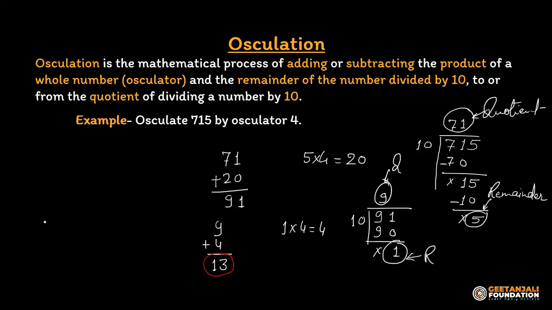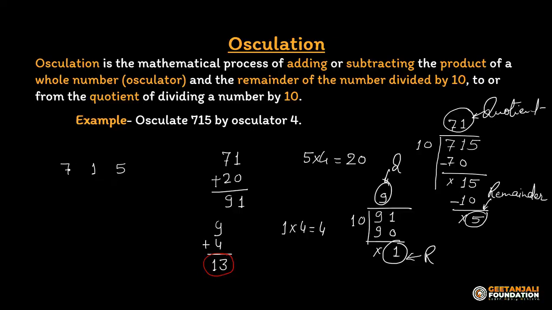But I'm going to explain one more method which is much simpler than this method, and when I solve questions for divisibility by prime numbers, I will use this method. So suppose the number is 715 and you have to osculate it by 4. Purposely I have left a space between these digits because I need to use this space.